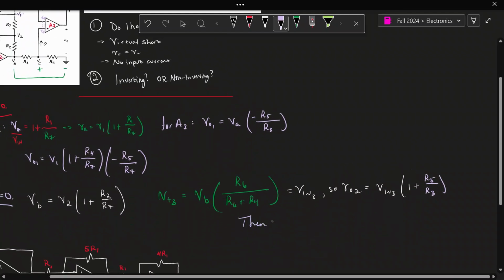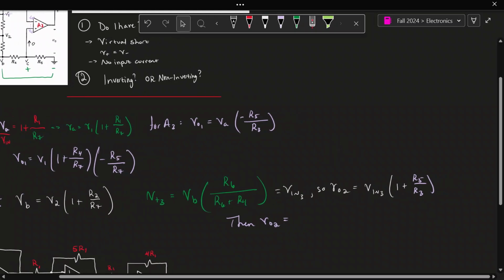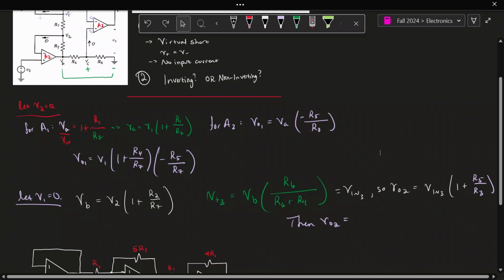Then V out 2, and we'll put this in terms of V2. V2 is equal to, what is V in 3? V in 3 is this here, VB times R6 over R6 plus R4. That is not in terms of V2, though. Well, what is VB equal to?